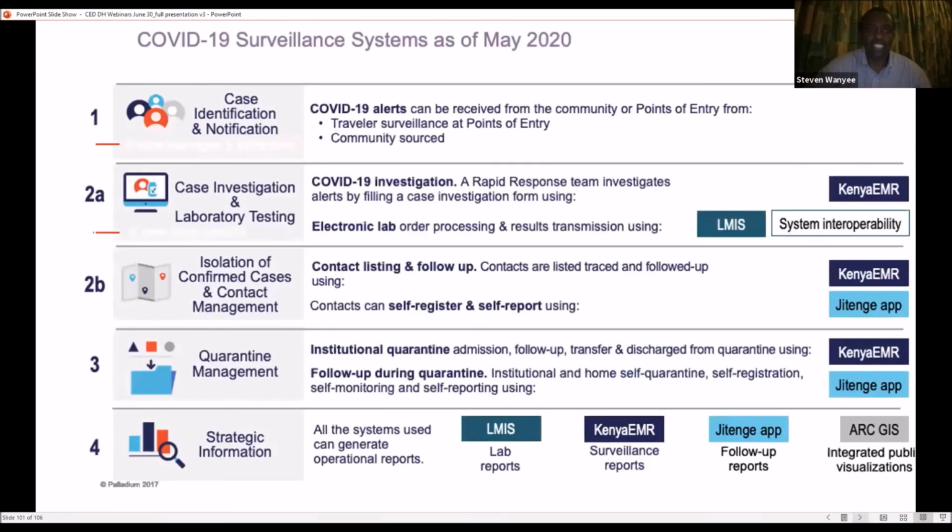Next slide, please. Yeah, I've mentioned this in the two slides before, and this just tries to summarize the systems that are in use in the country. The point to make here is that these systems are open source, and given the topic of this session today about innovation in times of COVID, one of the biggest innovations I would say in Africa, in Kenya and other countries in Africa, has really been the use of global goods. Some of you might know what global goods are, but basically they are a collection of digital health applications that have been used by many organizations for the last 30 years or so.